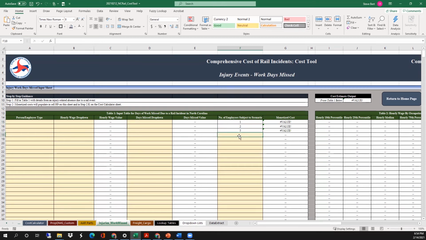We do not know the occupations of individuals, so we're going to use the all occupations choice. Similarly, we do not know the wage rate of these individuals, so we're going to use the median rate.